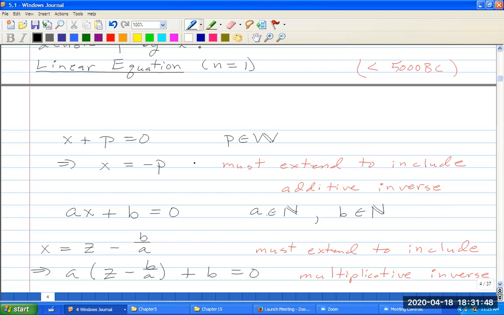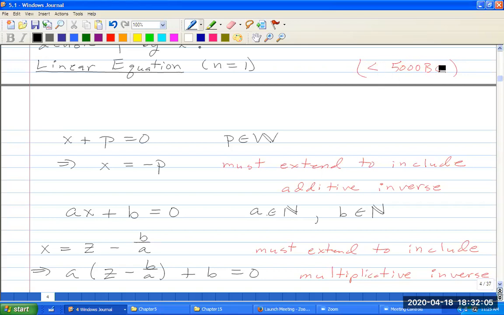First, one of the most trivial polynomial equations, a linear equation. This is the case where n is equal to 1.